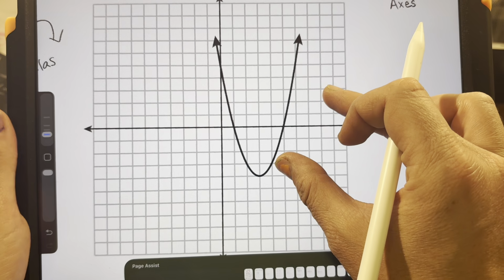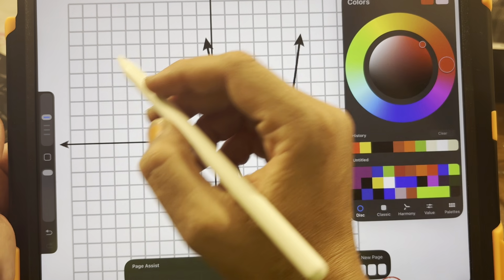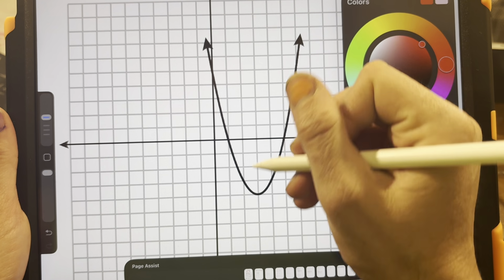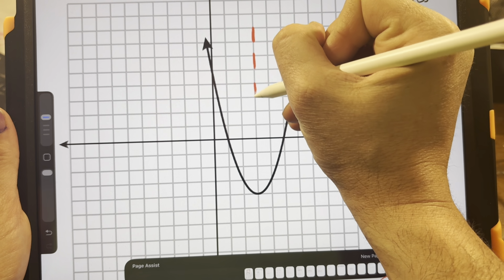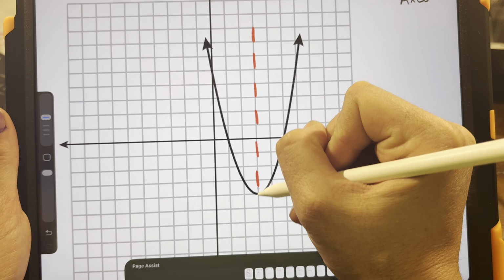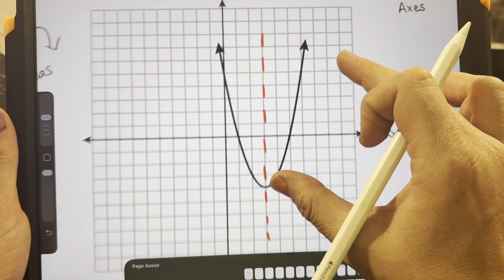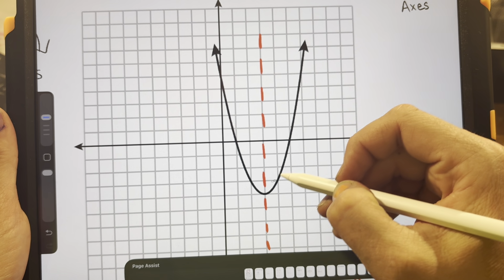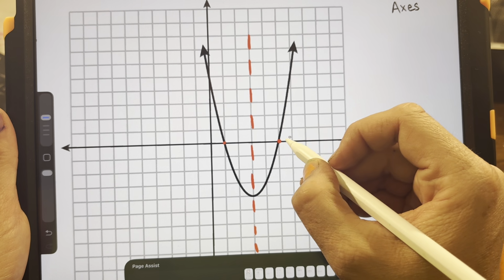Okay, so in this parabola, we're gonna say that the axis of symmetry would be drawn right here. And the reason it's called the axis of symmetry, if you haven't guessed yet, is because it cuts right through this parabola and cuts it into two symmetrical pieces. So like over here is the reflection of over here.